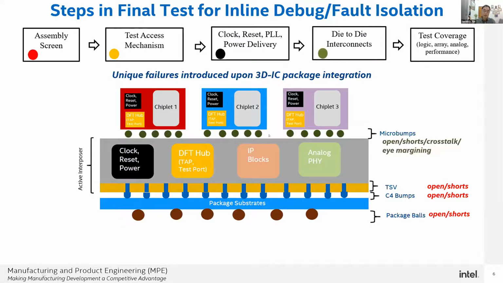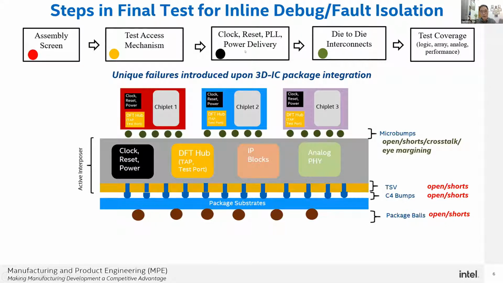Die-to-die interconnects: you need to check for open shorts, crosstalk, and high margining. You need to have a way to distinguish these 4 methods of failure. So these are the 4 things that you need to be able to segregate in your test program. For assembly, test access, is it a clock issue, reset, PLL, initialization, power delivery, die-to-die interconnects.